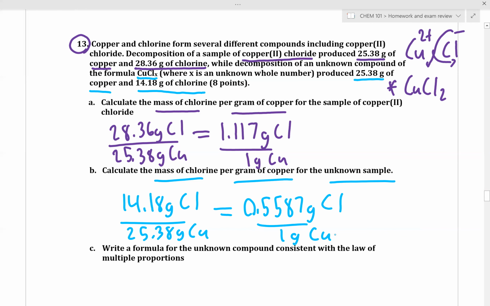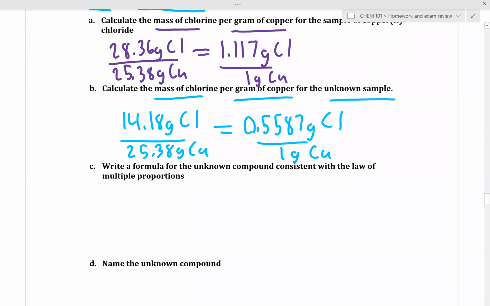Now, keep in mind, there's something implicit in the way I'm writing these answers. How many sig figs do all of my answers need to have? 4. So just be mindful, I am looking at sig figs. Okay, so our next goal is to write a formula for the unknown compound consistent with the law of multiple proportions.